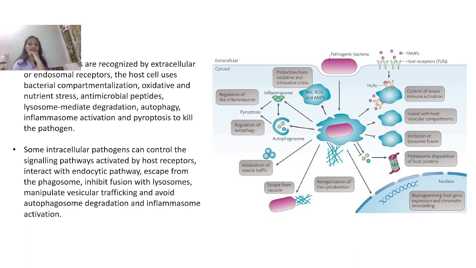So, some intracellular pathogens can control the signaling pathways activated by host receptors, interact with the endocytic pathway, escape from the phagosome, inhibit fusion with the lysosomes, manipulate vesicular trafficking, and avoid autophagosome degradation and inflammasome activation.